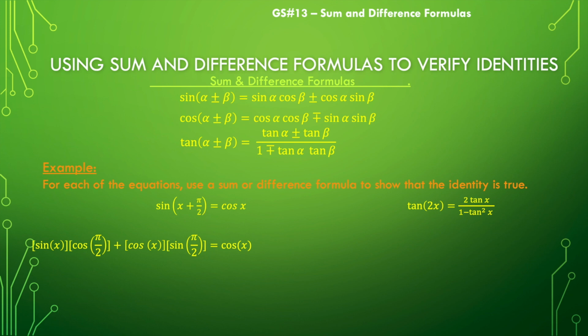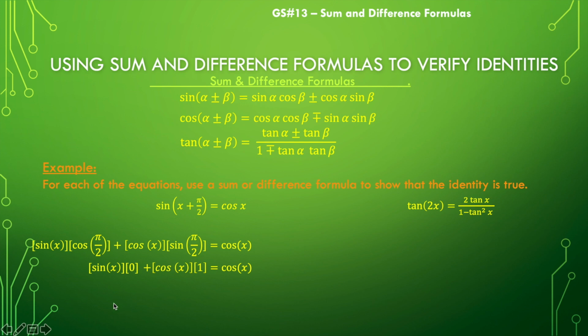All right, so now if I'm looking at that left-hand side, I recognize that while I can't evaluate sine of x or cosine of x because they're variable expressions, I can evaluate cosine and sine of pi over 2. So we can replace this cosine of pi over 2 with 0 and the sine of pi over 2 with 1.